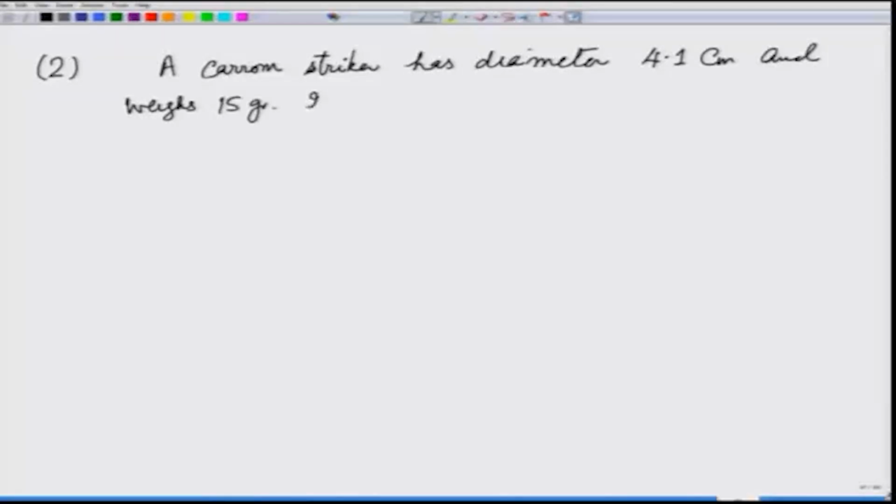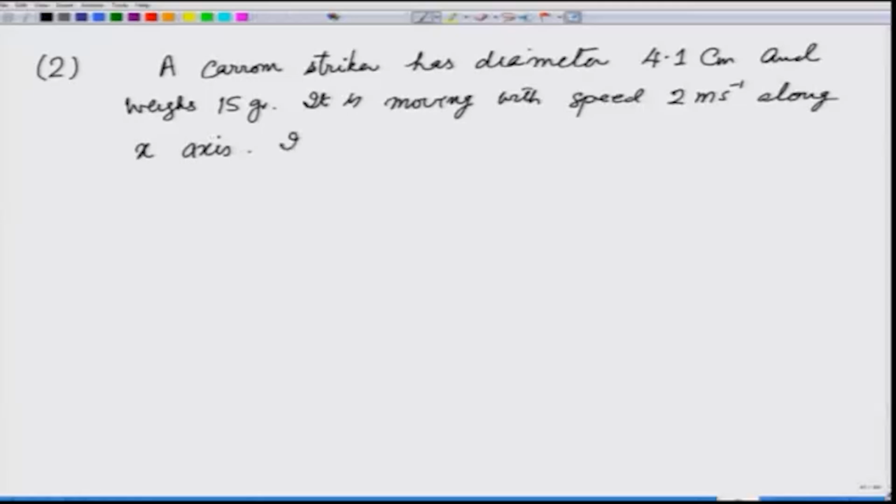It is moving with speed 2 meters per second along x axis.